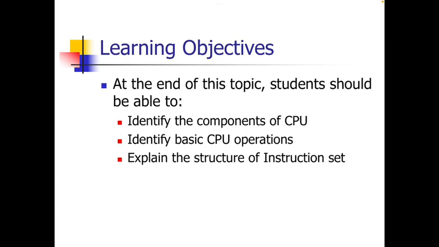For chapter 6, you should be able to first identify the components of the CPU. The second is to identify basic CPU operations, and last but not least to explain the structure of instruction sets. So make sure you are able to achieve all of the listed learning objectives here.